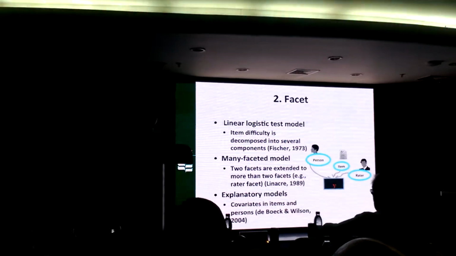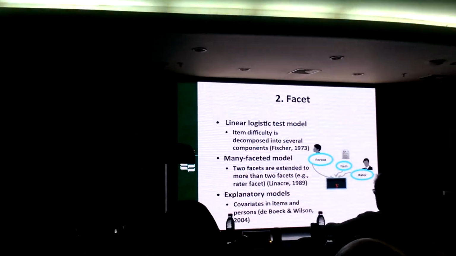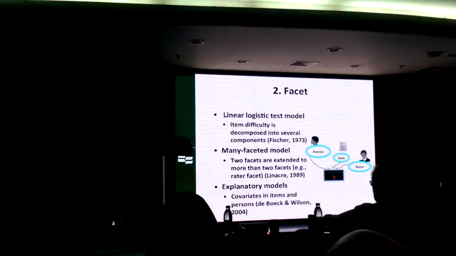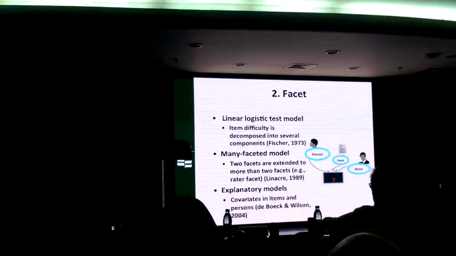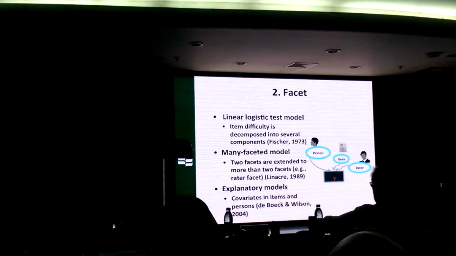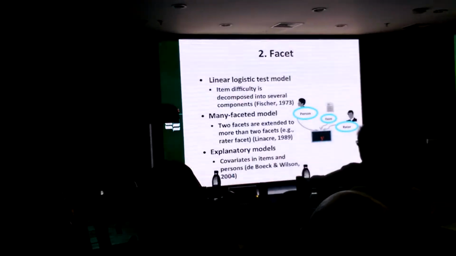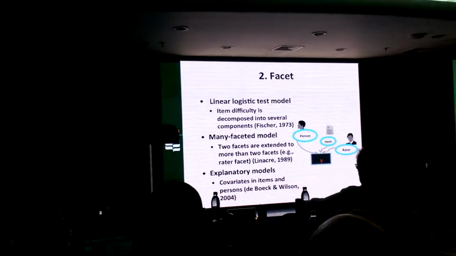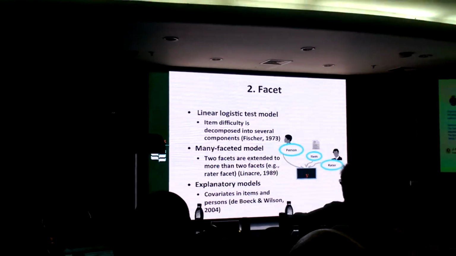On the other hand, we can take the person parameter as the dependent variable, and add some independent variables to predict person ability. So on both sides, we can have covariates. And Wilson and De Boeck developed this kind of framework. They call it explanatory models, in 2004.